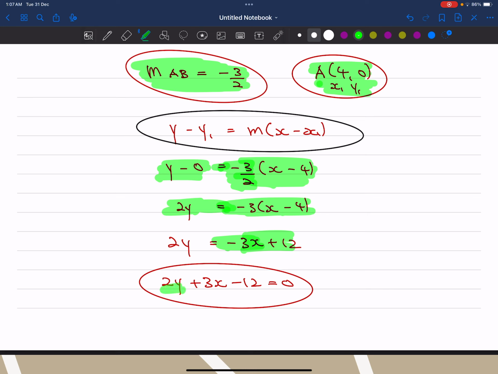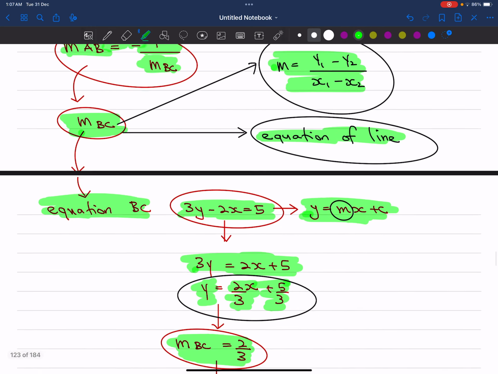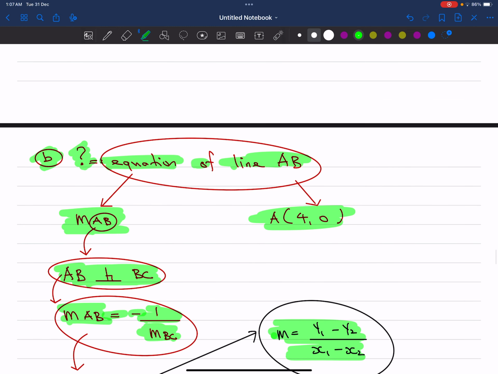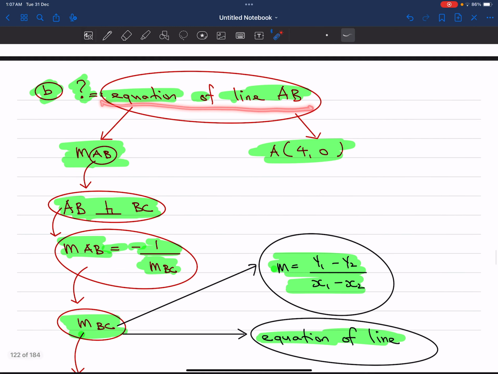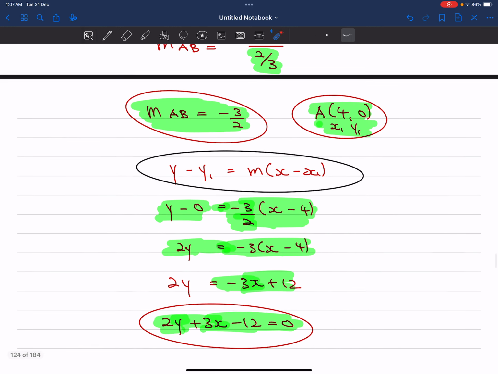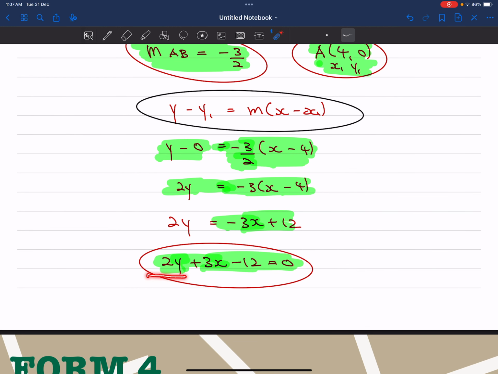Finally, I get 2y plus 3x, transferring negative 3x, minus 12, transferring plus 12, equals 0. So our answer, the equation of the line AB, is 2y plus 3x minus 12 equals 0.